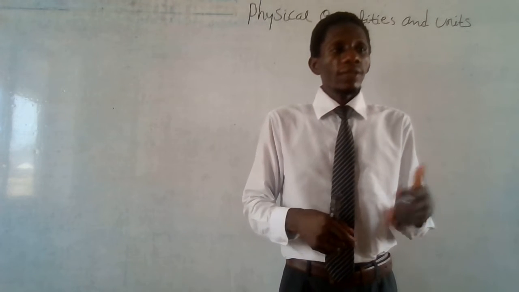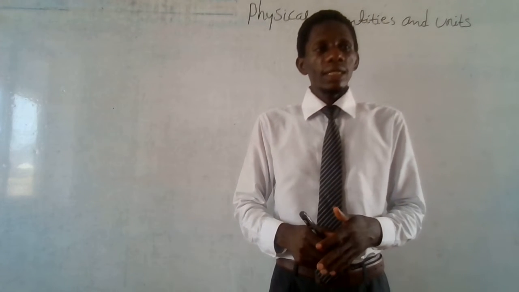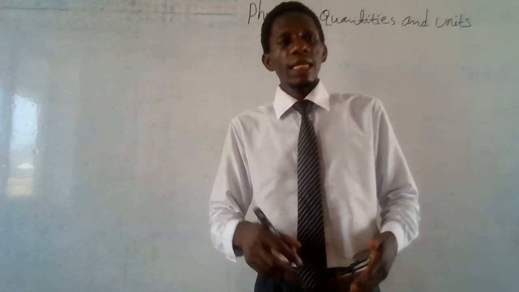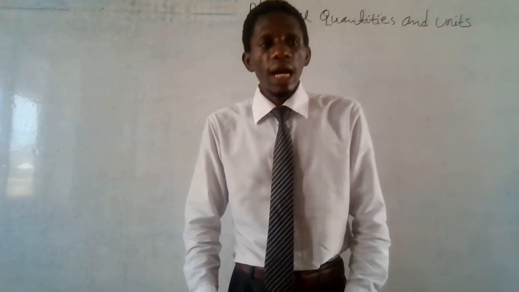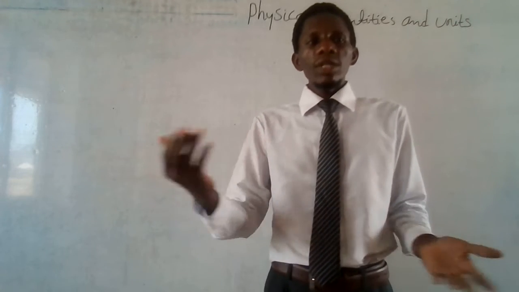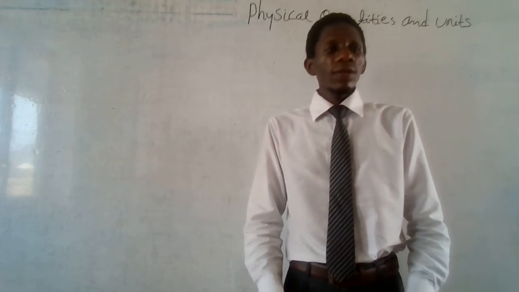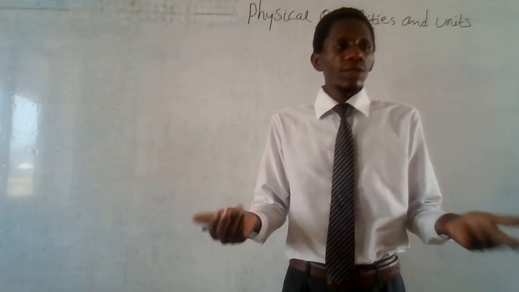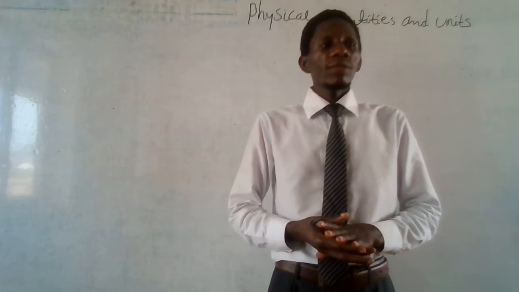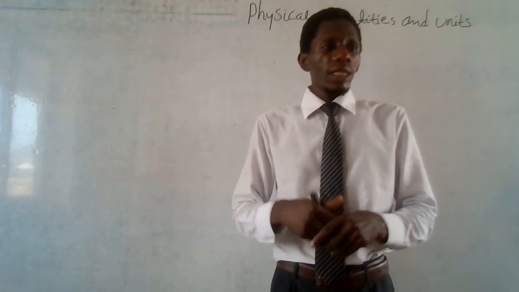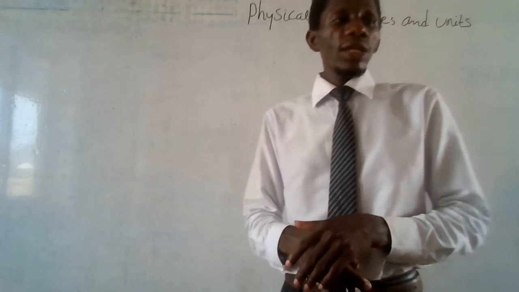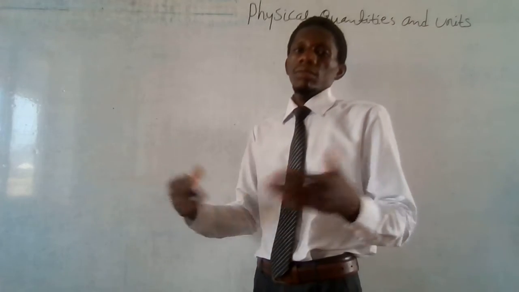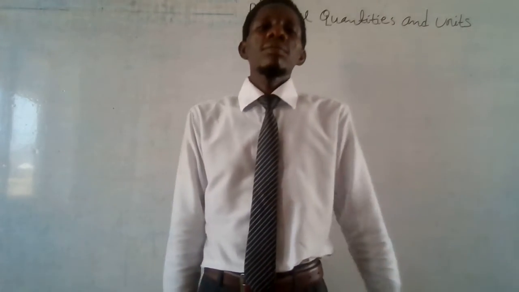If we quantify mass as n kg, n will be the numerical value and kg will be the unit. So a physical quantity possesses at least two characteristics in common: one is numerical magnitude, and the other is the unit in which it can be measured.